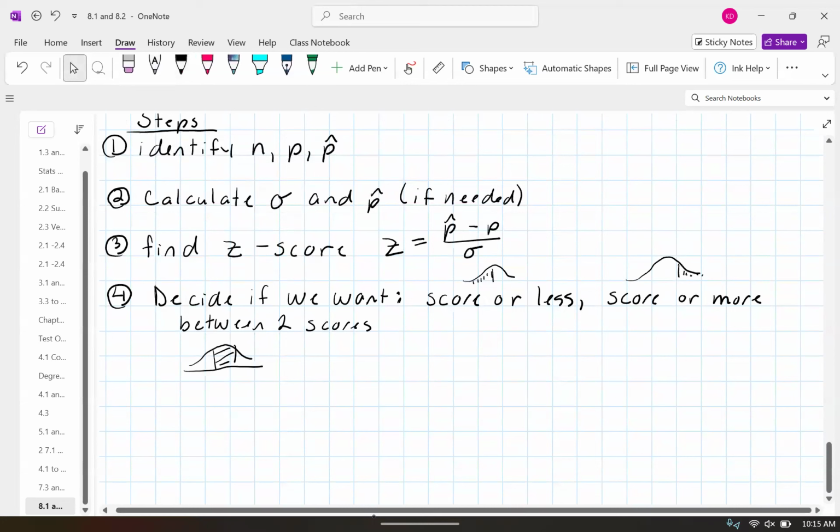So it may help to draw the picture of what you're looking for. I always found it did because I'm visual. I like pictures. So decide what we want, and then that's going to help us with our z-score.